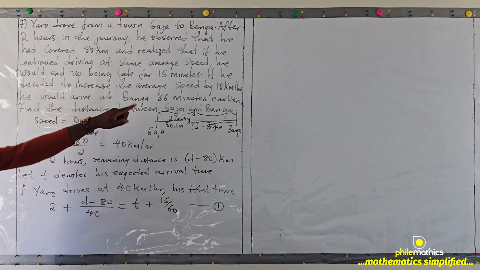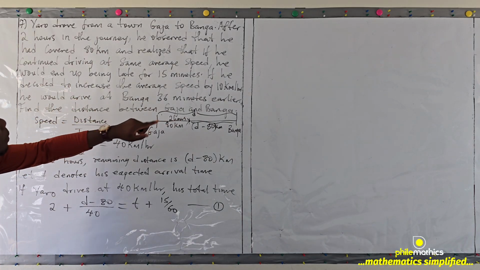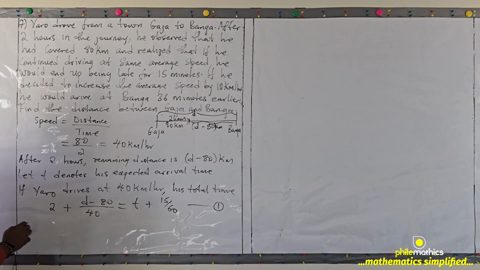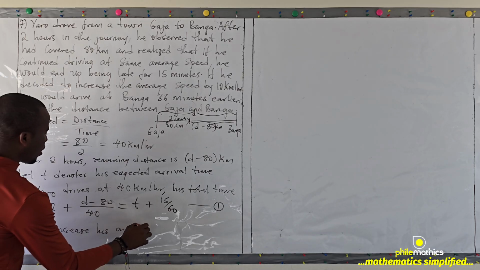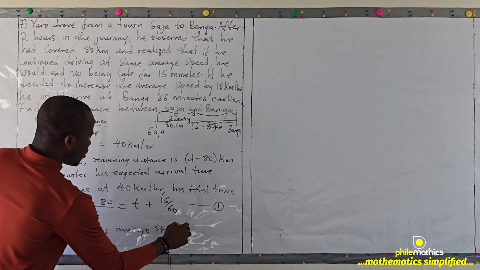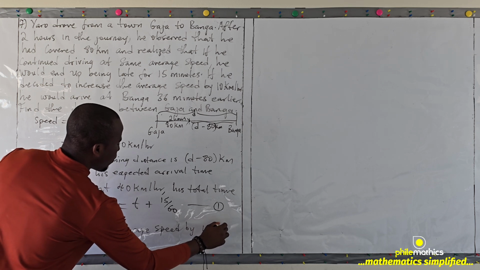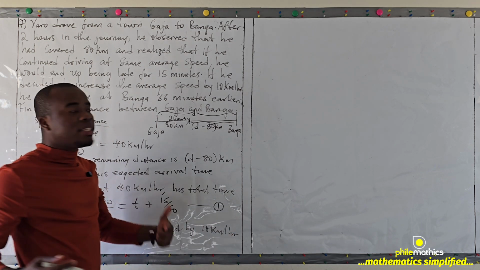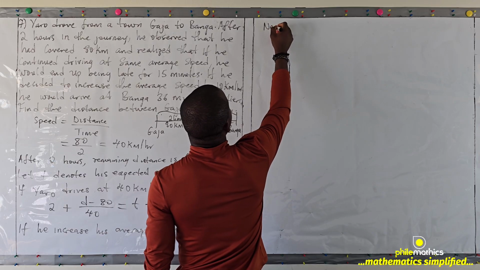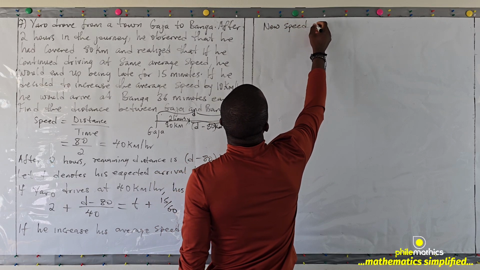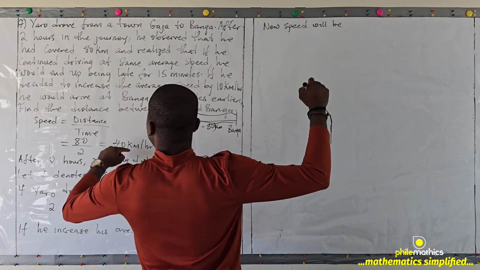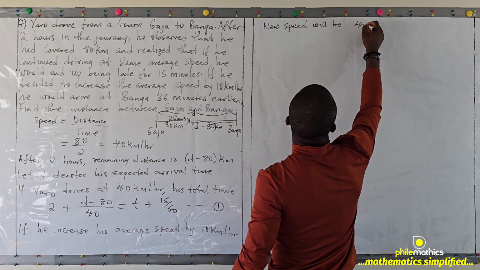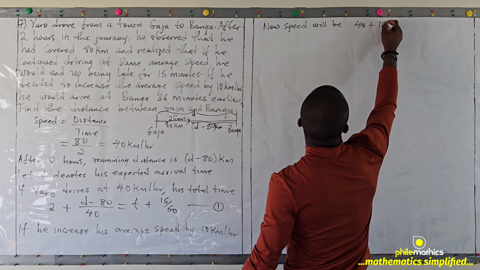The next point says, if he decides to increase his average speed by 10 kilometers per hour, we have to know what his new speed is. His new speed will be the 40 kilometers per hour he was driving at before, plus the new 10.